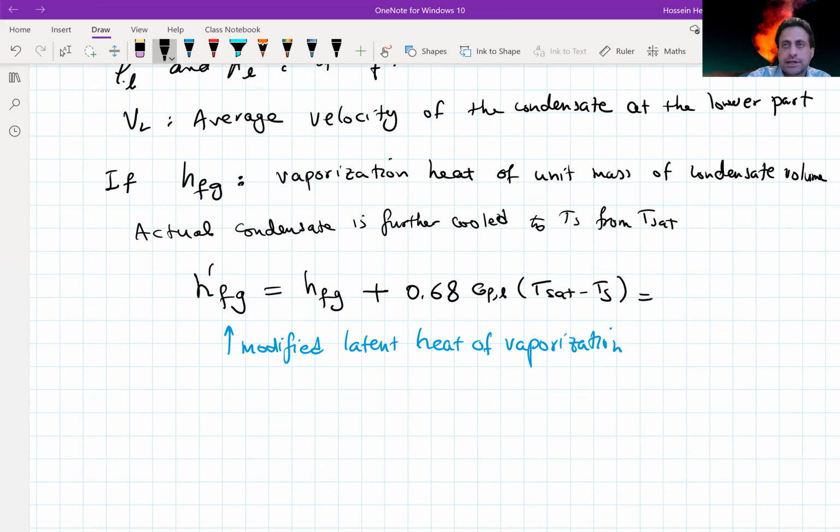And in some texts, you would see that they are summing everything, HFG and whatever terms remain, CPL delta T divided by HFG, they call it Jacob's number and show it like that. So, Jacob's number.